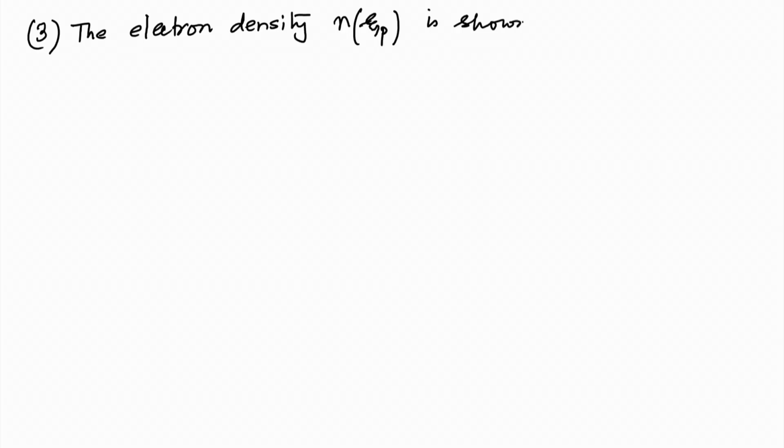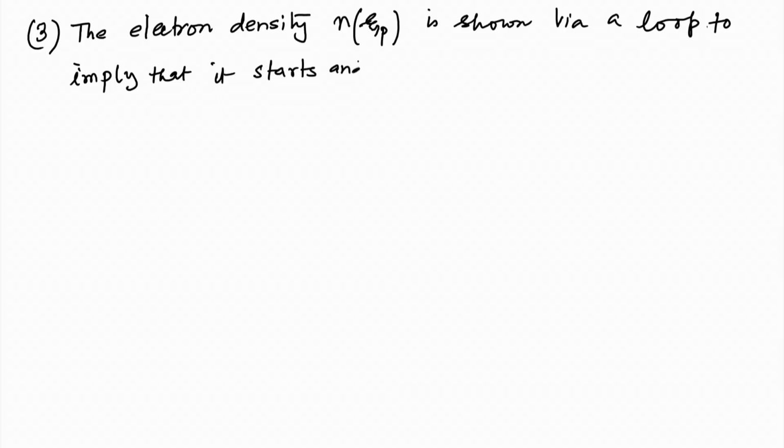Third, very importantly, the electron density n of psi p is shown via a loop to imply that it starts and ends at the same time.